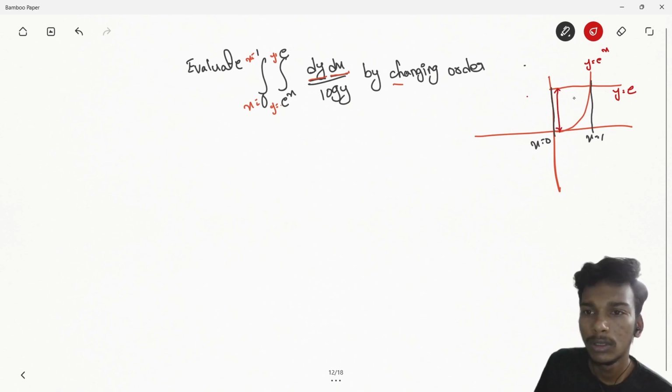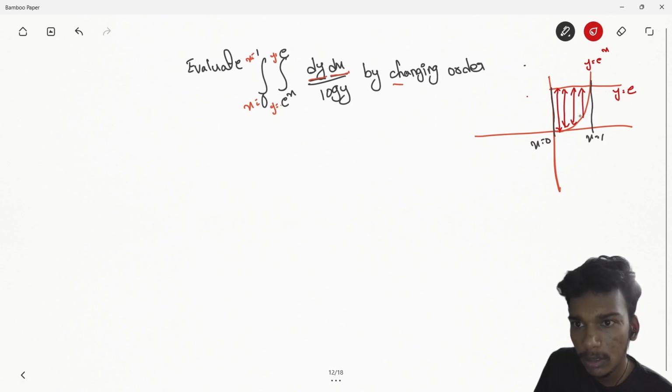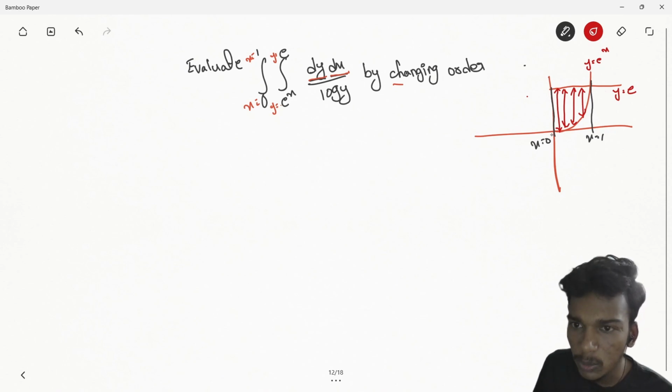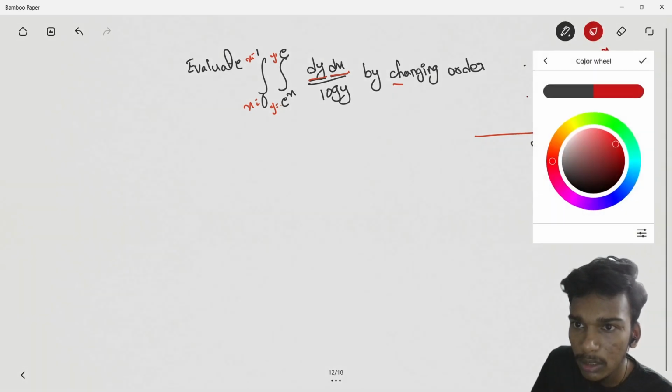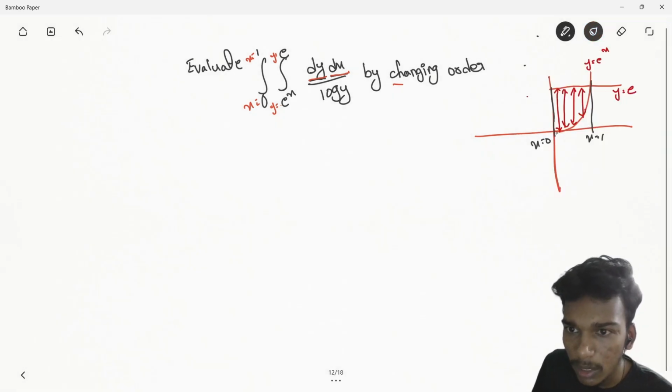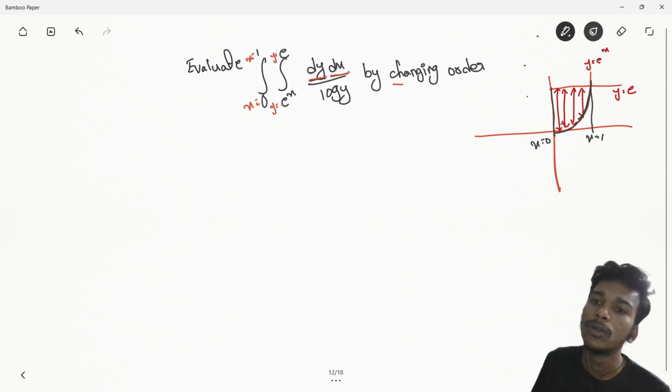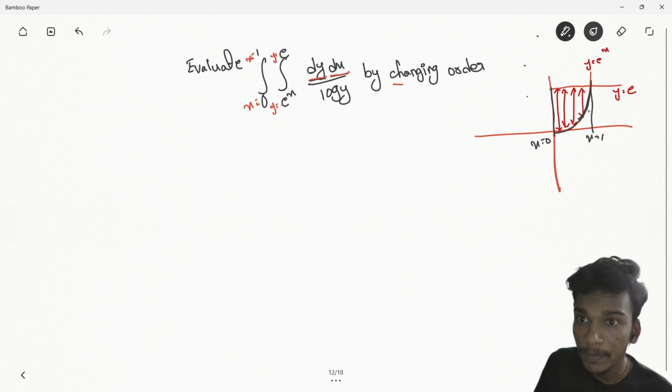Now we are going to integrate in this manner, just like these vertical strips, bounded between both of these lines. Consider the x equal to 0 line, and it is a curve. It is a curve which limits the value of x, right? We have to find the value of x on this curve. Then we are going to get the limits of y. It's the y is equal to e power x graph.